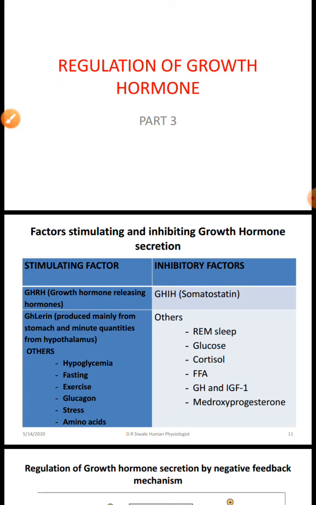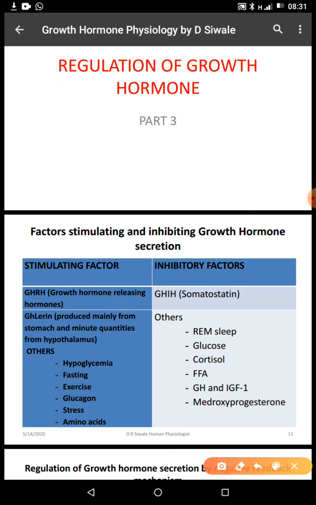We have stimulating factors like the growth hormone releasing hormone, and we also have ghrelin, which is a hunger hormone. We also have conditions such as hypoglycemia, fasting, exercise, glucagon, stress, and amino acids. These will stimulate growth hormone secretion.